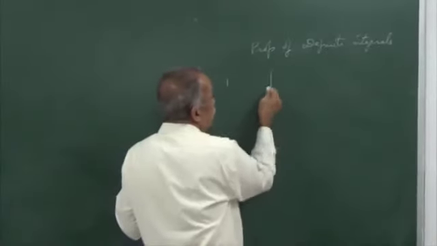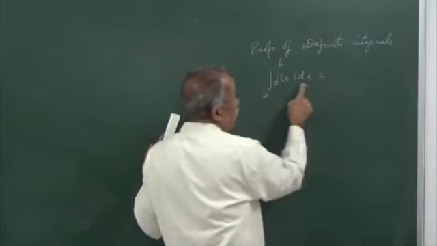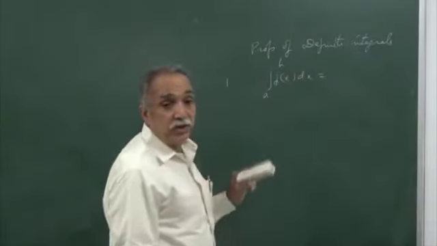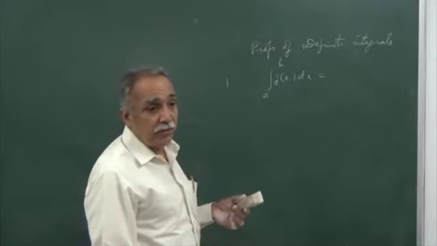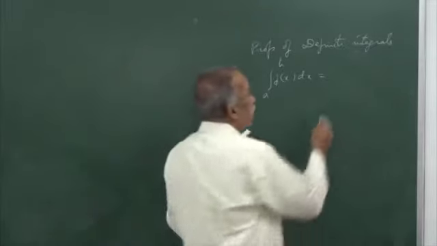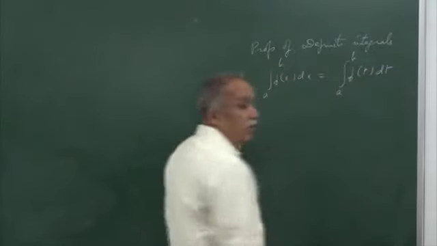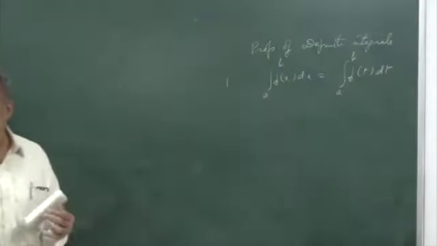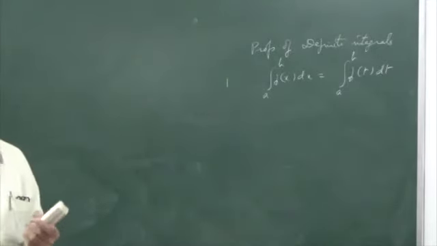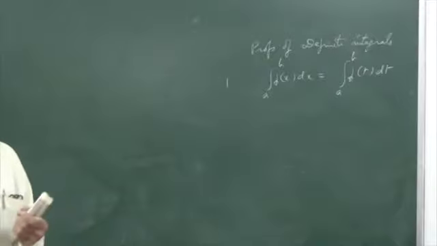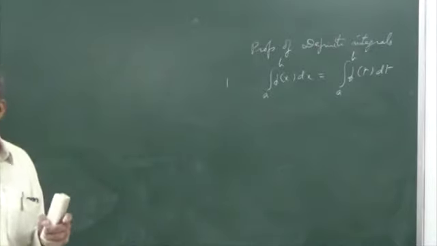First property says, value of a definite integral has got nothing to do with the symbol you are using to represent the variable. By whatever name you call that variable, value of the definite integral will be the same. Whether you integrate sin x with respect to x between 0 and pi by 2, or sin t with respect to t between 0 and pi by 2, or sin y with respect to y between 0 and pi by 2, you are going to get the same answer.